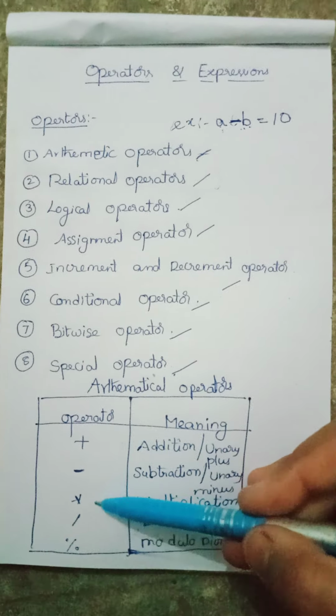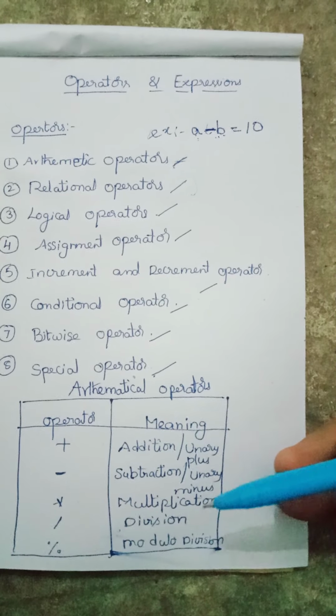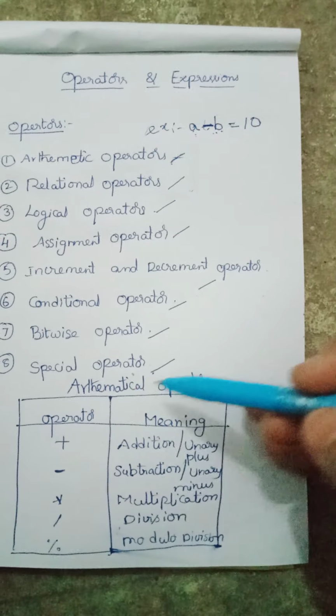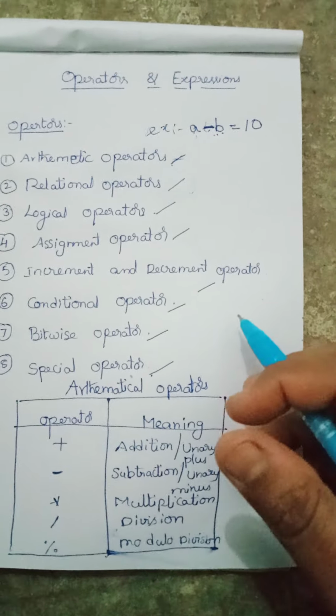These are called arithmetical operators. Plus is called addition and minus subtraction. Into is for multiplication, slash is for division and percentage for modular division. These are called arithmetic operators.